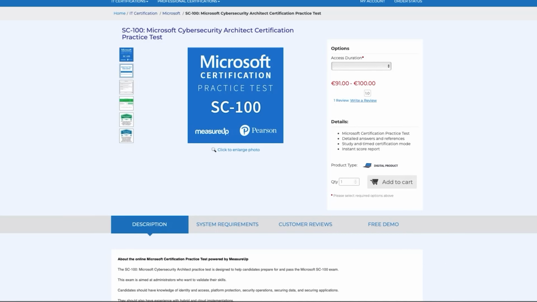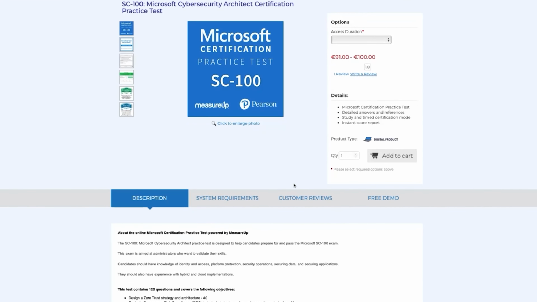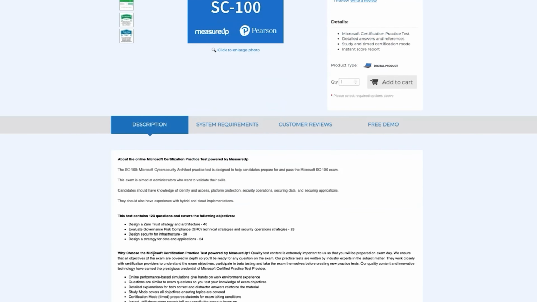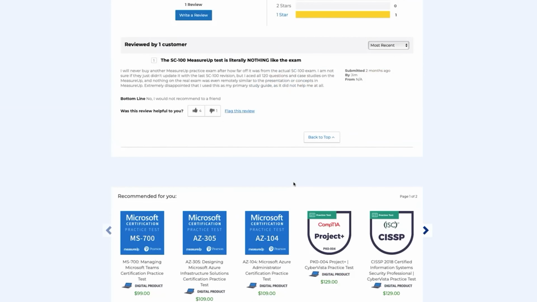And then one other component for you to consider that I always do, and it really helps me to prepare for the Microsoft certifications, is to do Measure Up practice tests. Measure Up can be really pricey, and I think that there might be other practice tests out there. I have not tried it personally. I will link some options in the description below, but please note, I can't recommend or say how close this content is to the actual exam content.